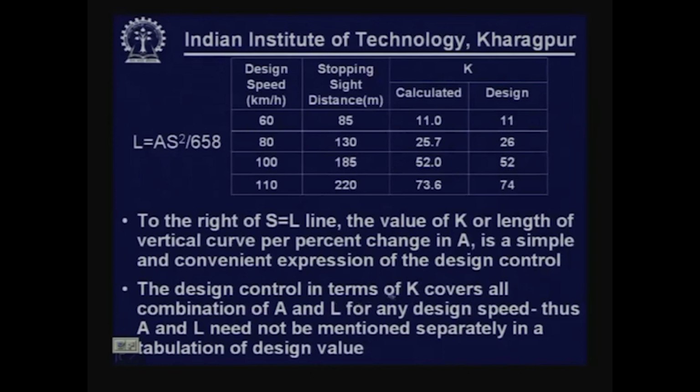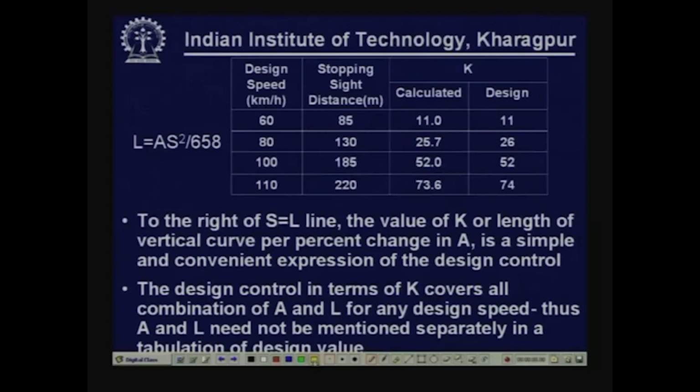The design control in terms of k covers all combinations of A and L for any design speed. Therefore, it is not necessary to define or mention A and L separately in design tables.